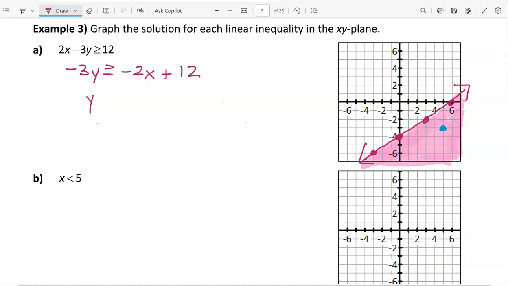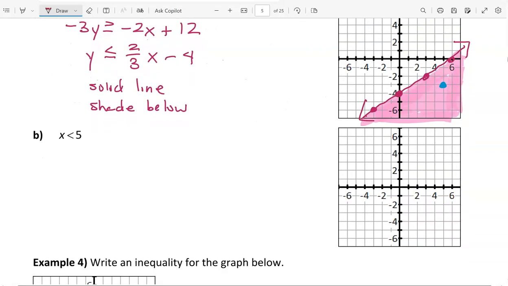And when we divide through by negative 3, that's going to switch the inequality's direction. And because we have y is less than, think about where you find y values that are smaller. They are below. We're going to use a solid line, and then we're going to shade below. In general, I'm going to favor this second way, but you can always use that first way.